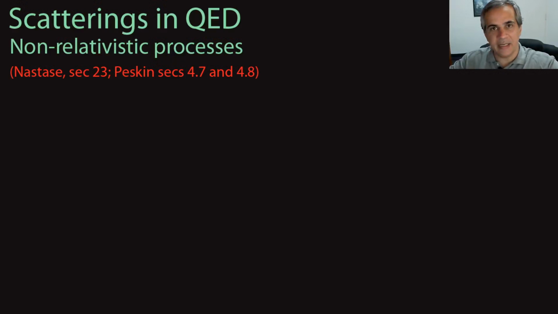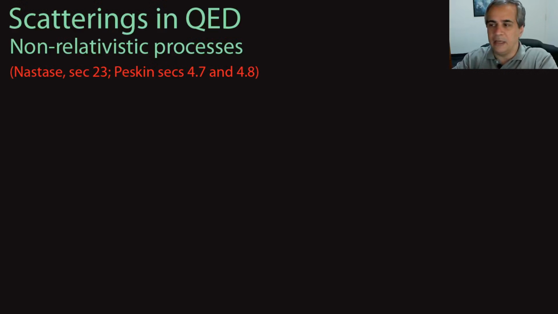And the idea here is to look at the non-relativistic limit of quantum field theories, where we can compare these scatterings we can do in quantum field theory with the scatterings you can do in quantum mechanics, right? In the non-relativistic limit, this theory should reproduce known results for quantum mechanics scatterings, right?